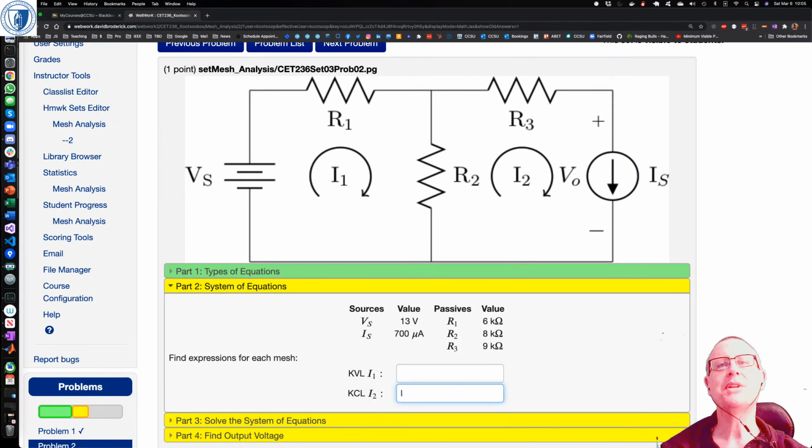Oh well. So in this case, I2 is just equal to 0.0007, and the KVL equation for I1, as I said, is going to be round minus 13 plus 8,000 I1 plus, no, 6,000, sorry. 6,000 I1 is R1 plus 8,000 times I1 minus I2.